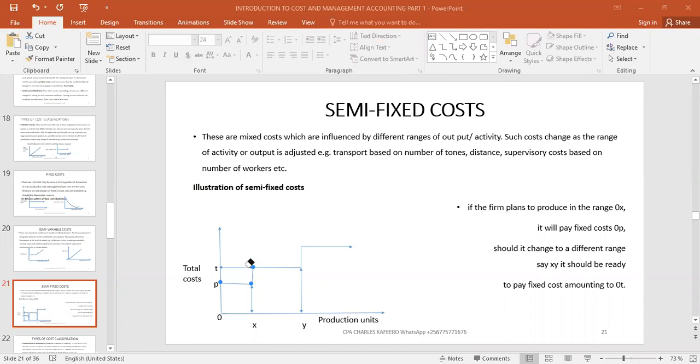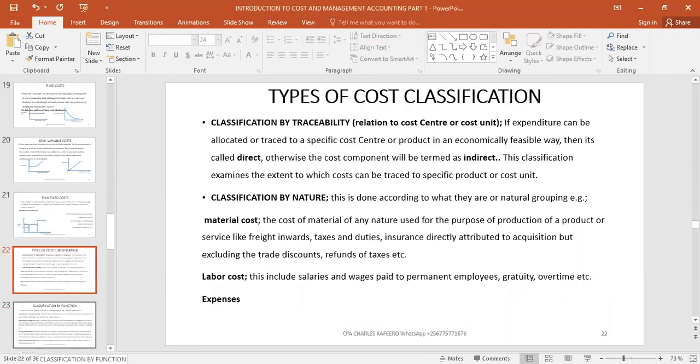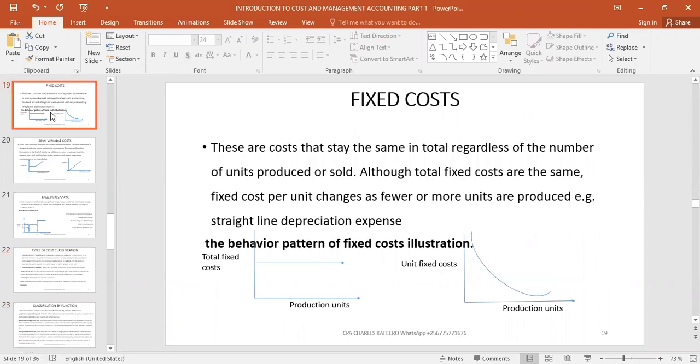I think you can understand how these things come about: fixed costs don't necessarily mean that they don't change forever. Sometimes they may change. And actually, that's what I wanted to talk to you about, this cost behavior.